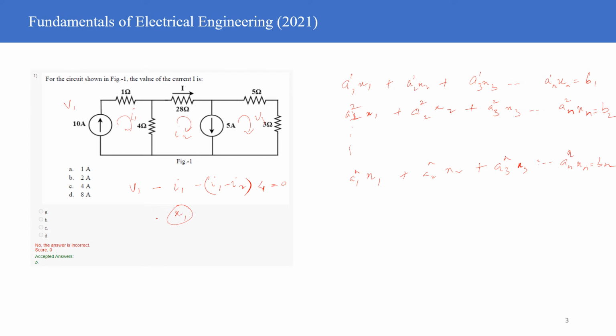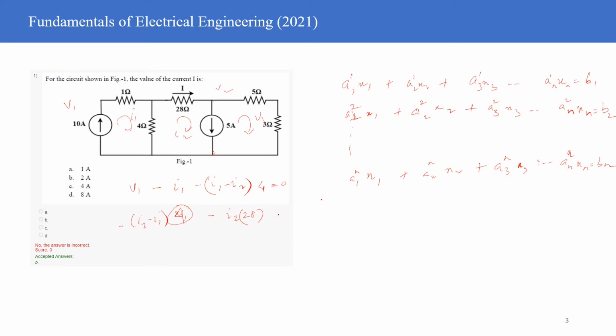Equation number 2, I'll write this mesh equation: minus (I2 minus I1) into 4 ohms, and minus I2 into 28 ohms, and then across these 2 points the potential is equal to V2.